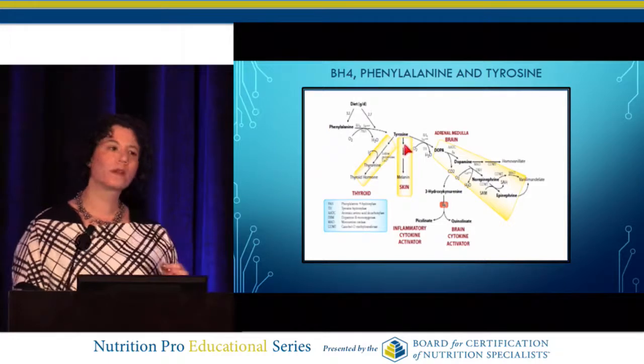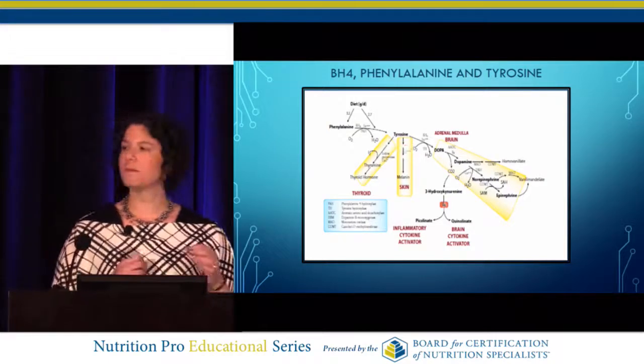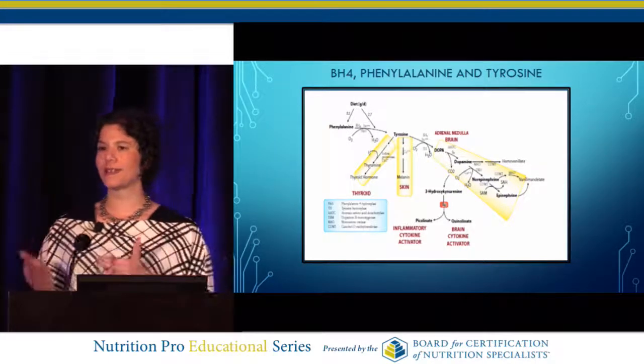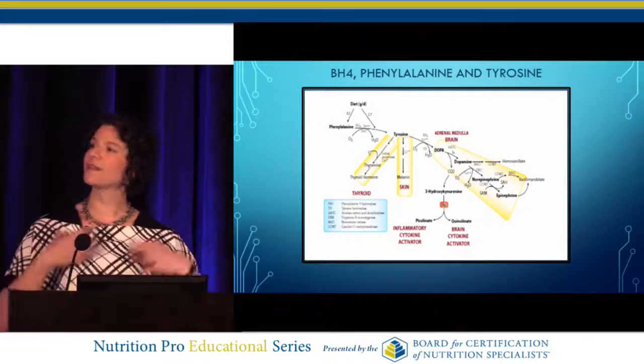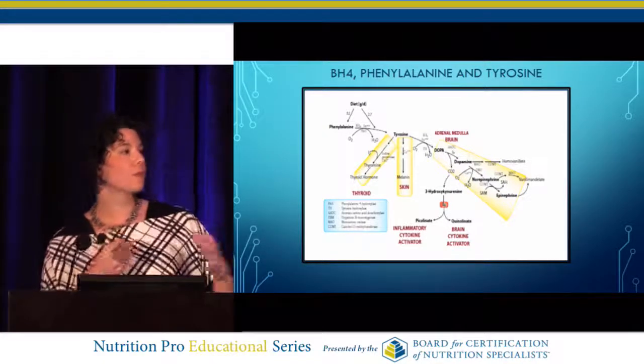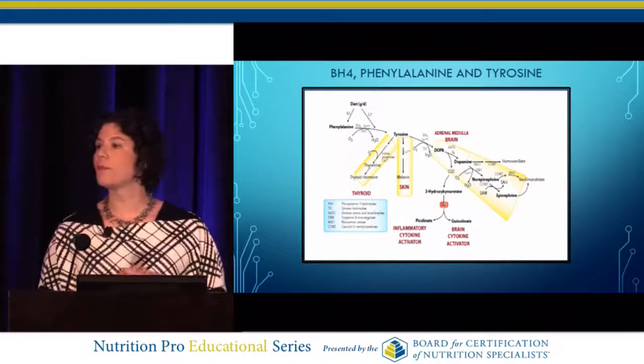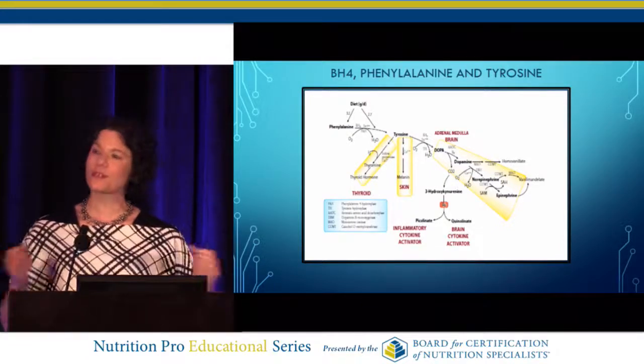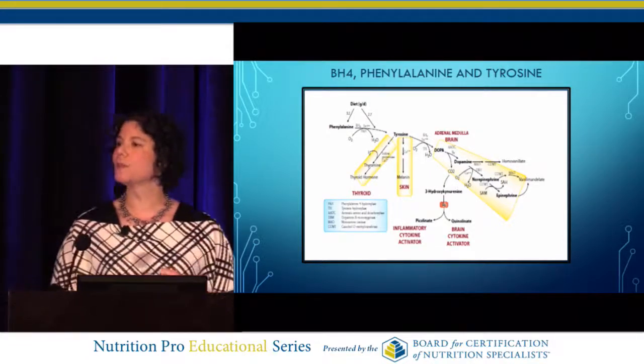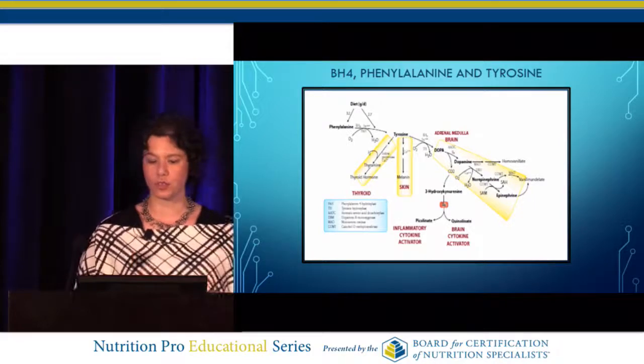And this is important clinically because sometimes we miss appropriate signals in the body. So when you're sitting and thinking, why is my client, for example, having hypothyroidism, here is a marker that we may need to look at to see if there's an issue.